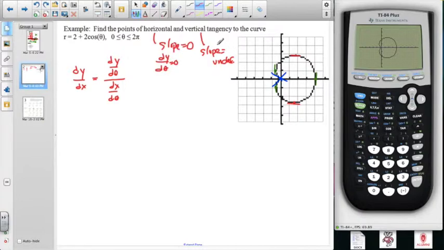And vertical tangencies, where this is 0, is dx d theta equal to 0. So when we break this up into parametric forms, this situation kind of falls into place really nicely.